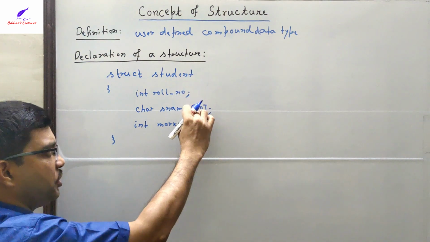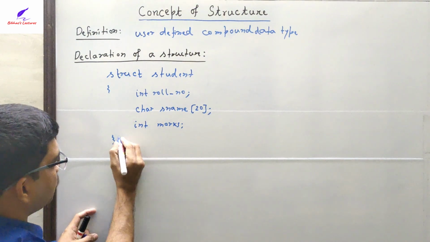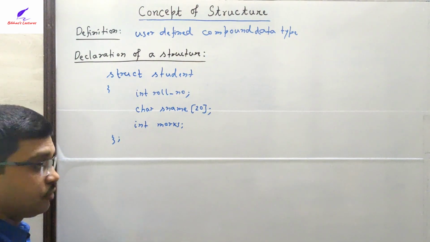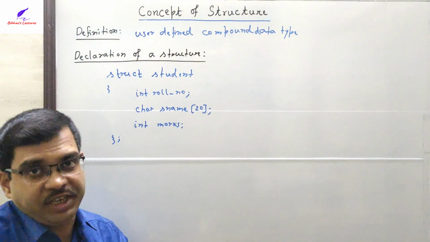So these are the 3 members of the structure, and whenever you are declaring a structure, it must be ended by a semicolon. So after this closing curly brace, you have to put the semicolon, because a structure is a statement.